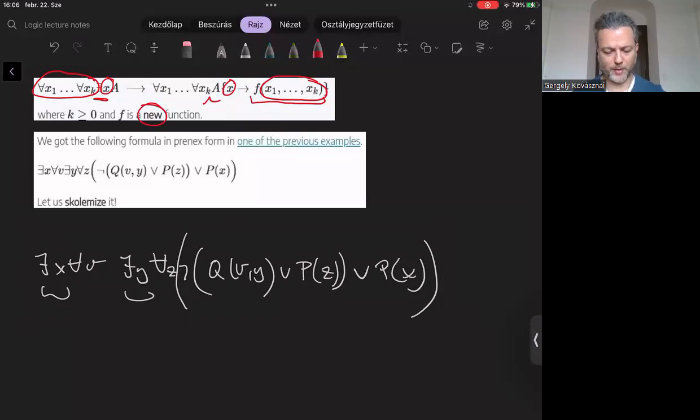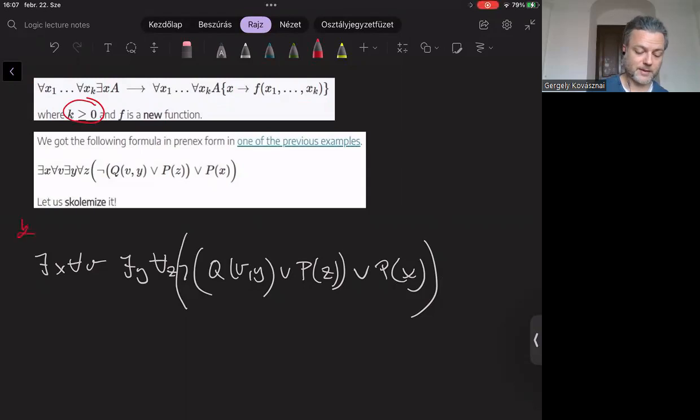Now let's see how to apply it to that formula. So let's deal with the first existential quantifier, exists x. Since this quantifier is located at the very beginning of the formula, there are no preceding quantifiers, especially no preceding universal quantifiers, which means that the number k here, which is the number of preceding universal quantifiers, is 0.